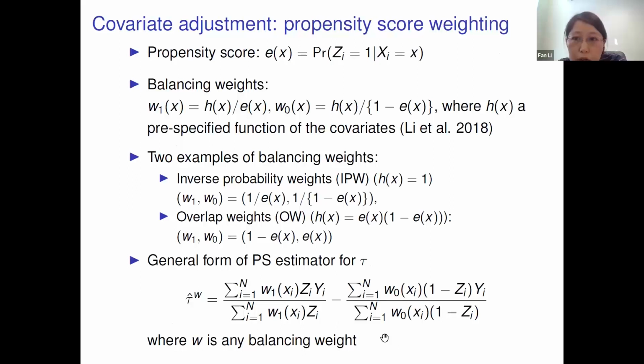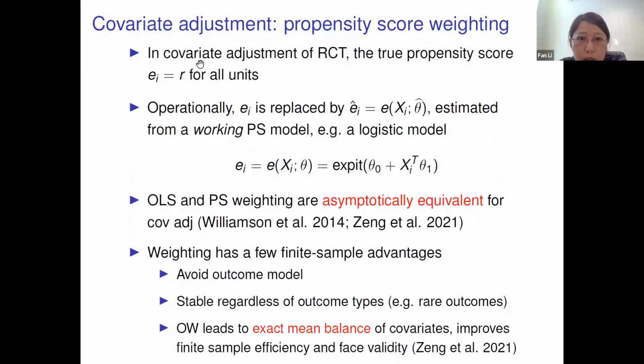The second approach is so-called propensity score weighting. So what is the propensity score? Everyone knows the propensity score is just the probability of Z equals 1 given X. Of course, in a randomized experiment, the true propensity score is just r, the fixed randomization probability.